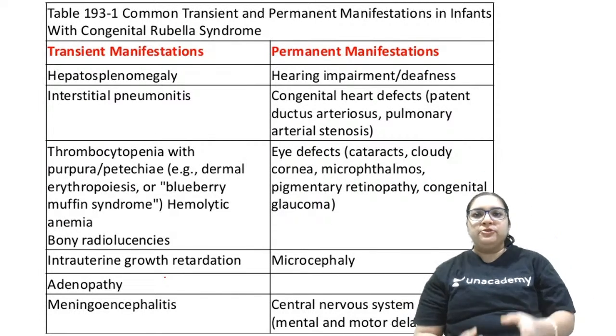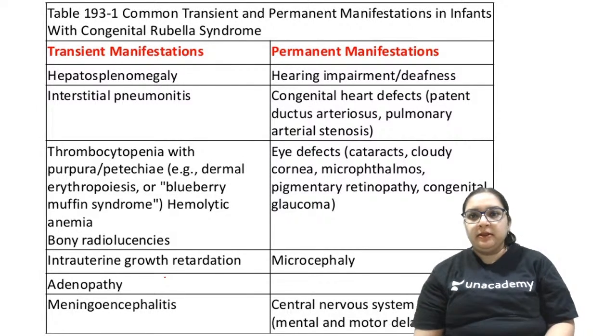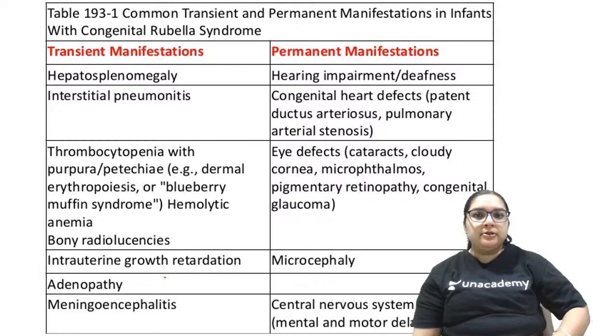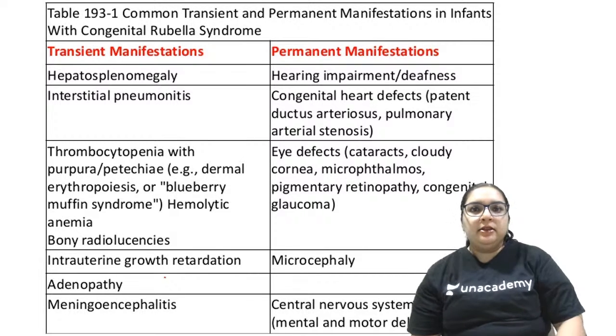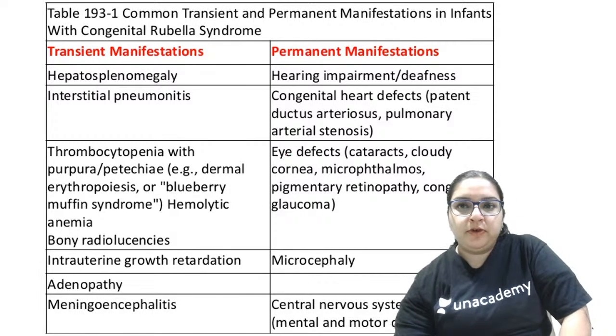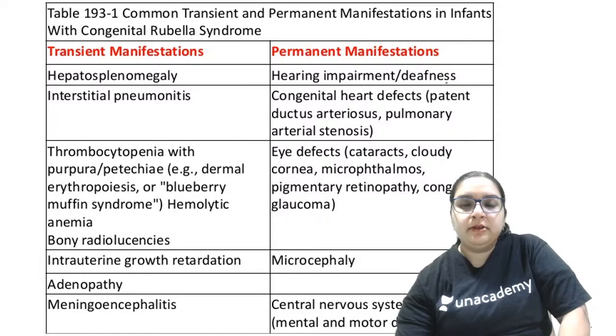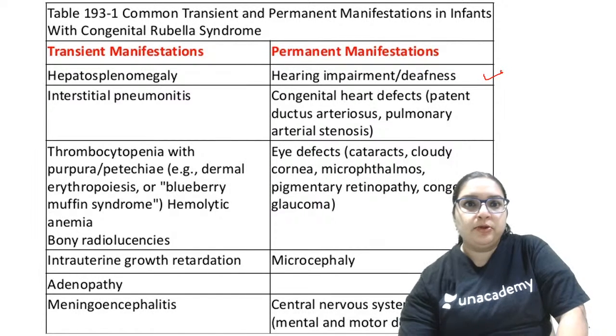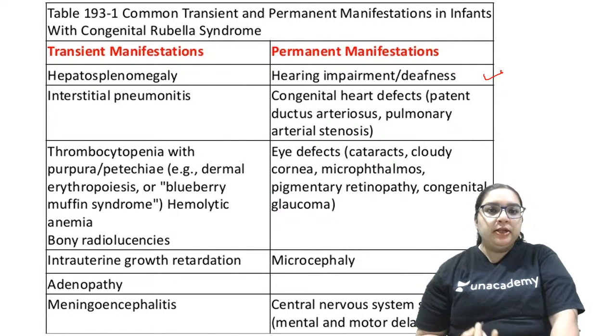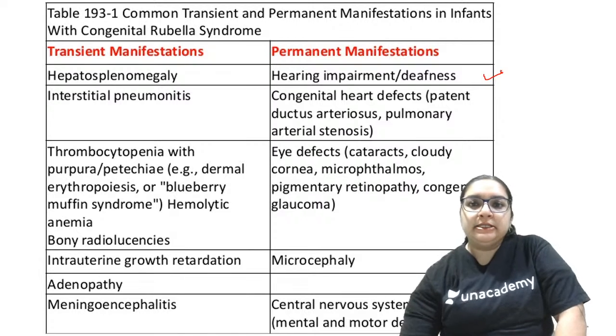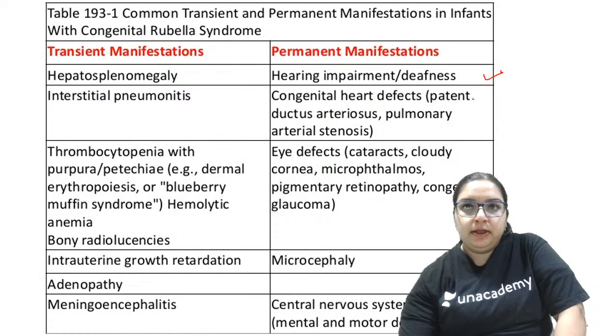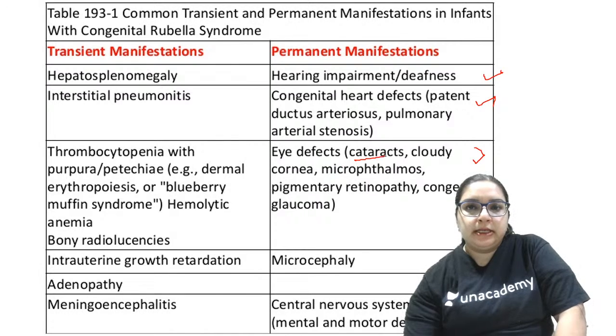Okay, so this is an extremely important table, where I don't want you to mix up anything, but most of the things we have already discussed, right? The permanent manifestations we have already seen: hearing impairment or deafness, mostly sensorineural hearing loss. The congenital heart defects, like we saw. Then the eye defects, most commonly cataract, right?